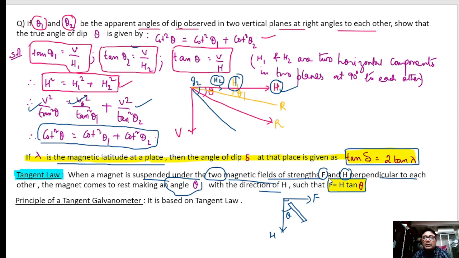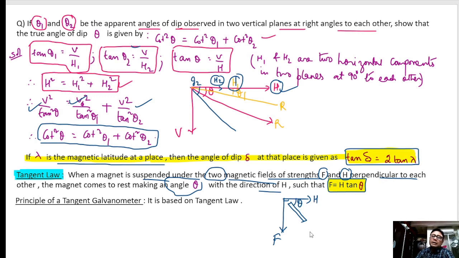Clear? And theta is the angle made by the magnet with the horizontal. Let us make this H and F. This is our F, this is our H, and this is that theta.